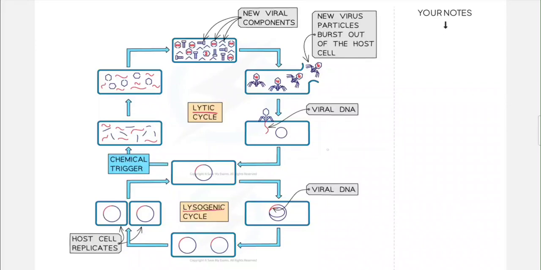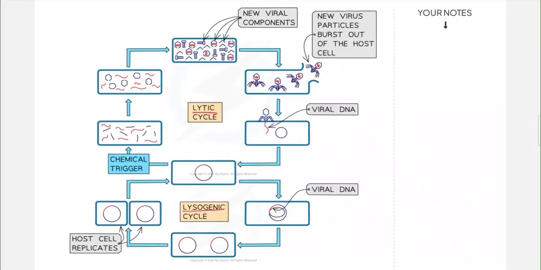Then it either becomes incorporated into the host cell's DNA, as we've just said, or there is a chemical trigger that breaks down or digests this DNA, and this is where we are in the lytic cycle.